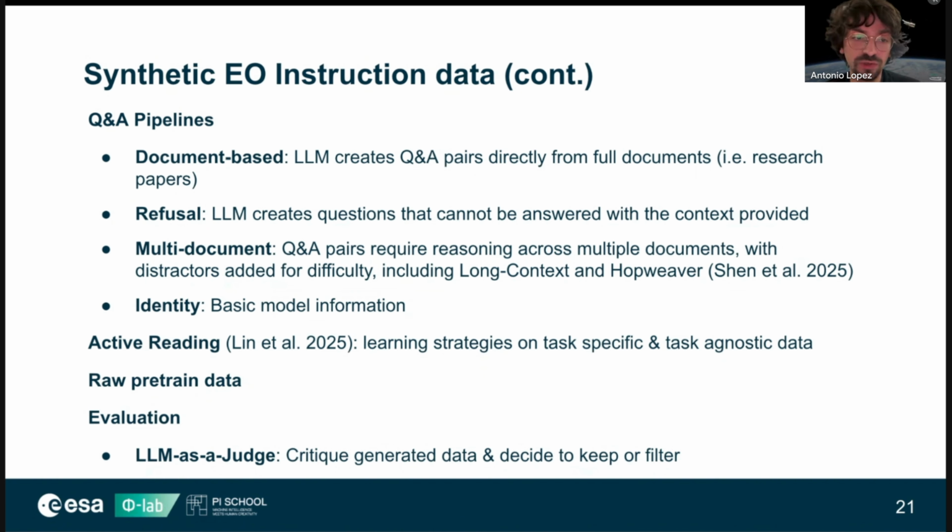Another thing that we are doing is just giving the raw pre-training data, just the corpus as it is, without any instruction. And as we saw in the last slide, we are evaluating all the samples that we give to the model through another model to double check their quality.